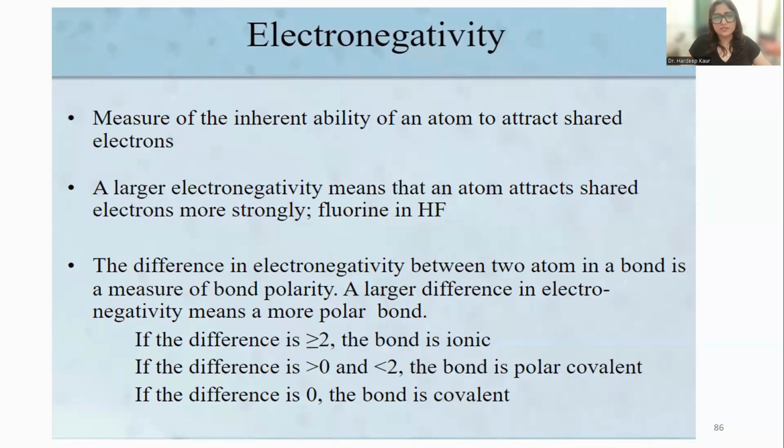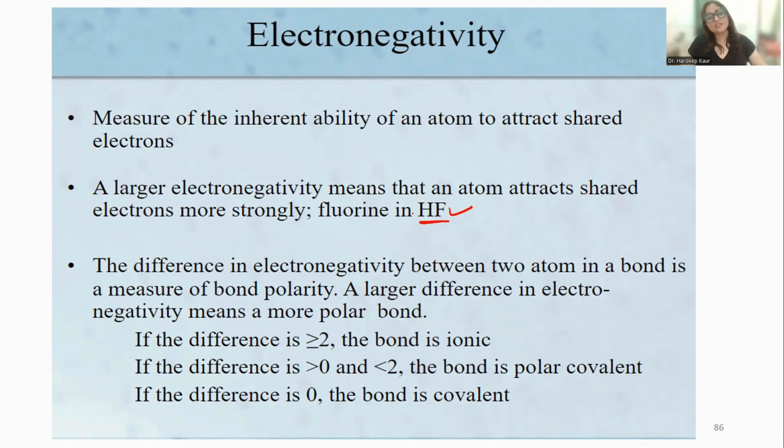Electronegativity is the ability of an atom to attract the shared pair of electrons towards itself when making a bond. Larger electronegativity means an atom attracts the shared pair of electrons more strongly. In HF, fluorine is more electronegative, so it attracts the shared pair of electrons towards itself.